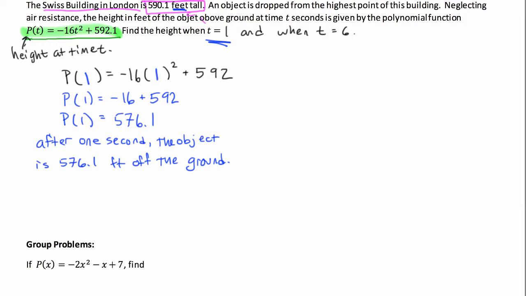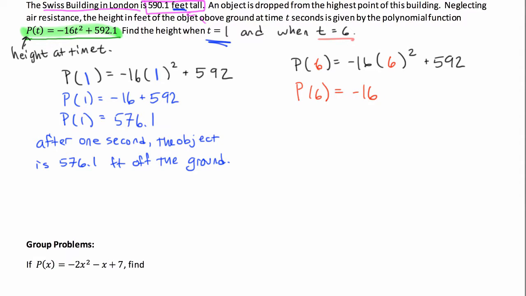Now they also are asking about t equals 6. So I would look at my same function. P of some input equals negative 16 times the square of that input plus 592. And what I would plug in there in this case is 6. So I'd put a 6 here, a 6 here. And now I just go through and simplify.